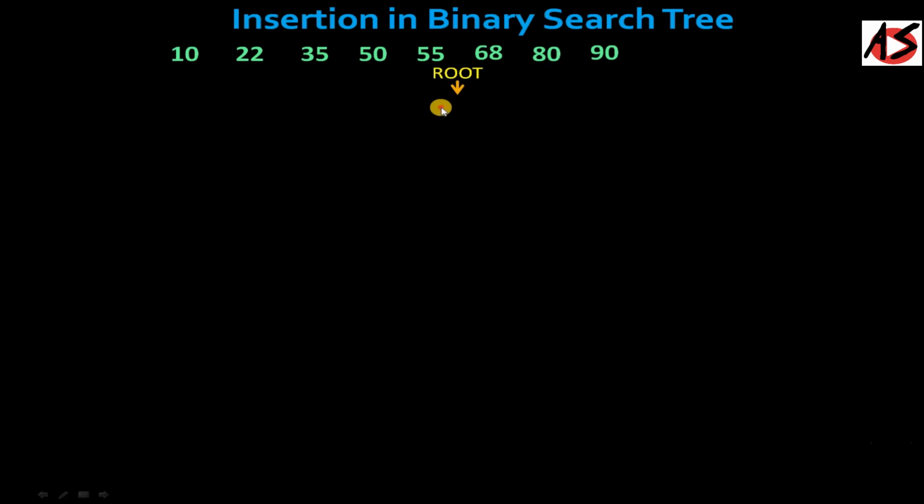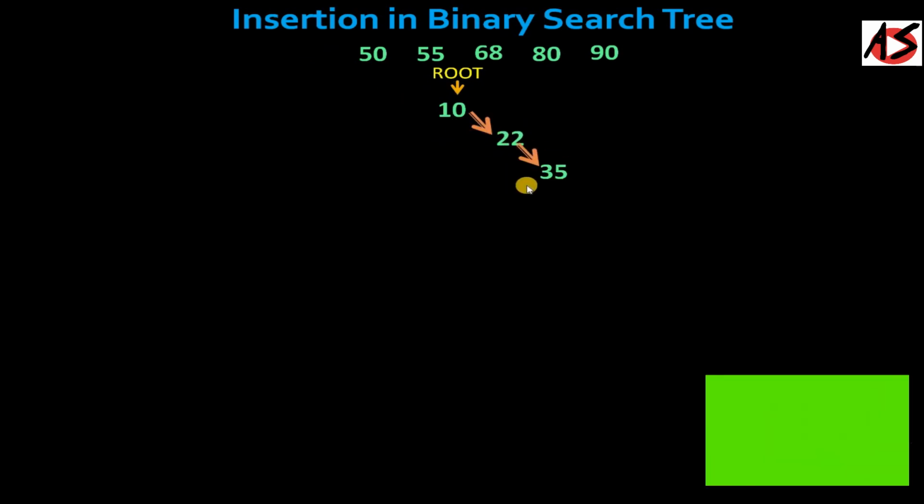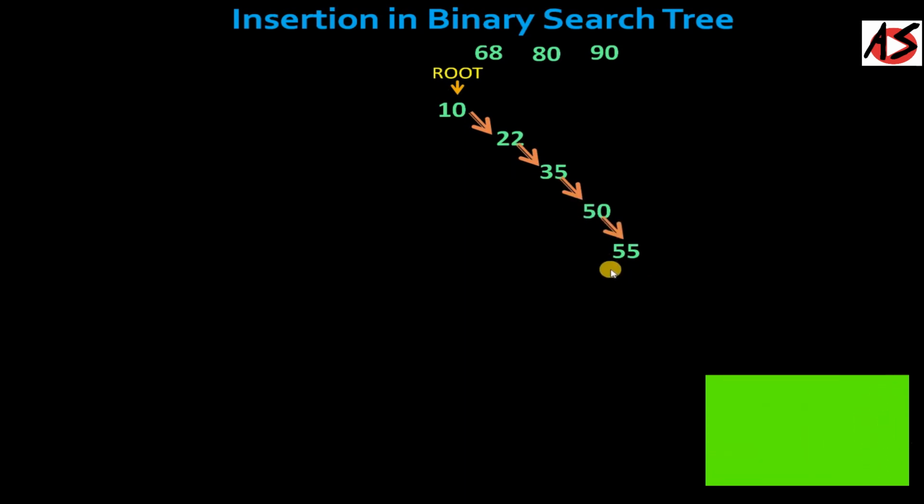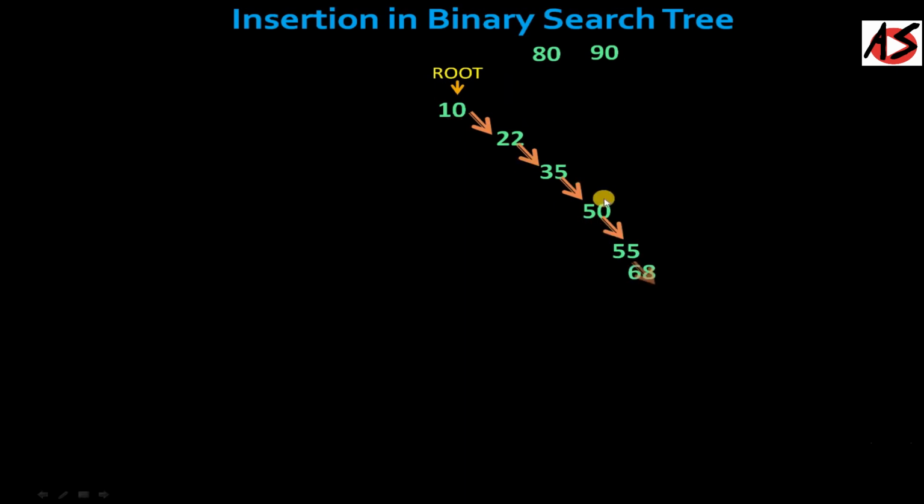You are getting 10 at the root, then you are inserting 22 at the right of 10, then you are inserting key 35 at the right of 22, and then you are inserting 50 at the right of 35, then you are inserting 55 at the right side of 50, then you are inserting 68, you have to insert it to the right of 55, then you are inserting 80, and then you are comparing with 10, 22, 35, 50, 55 and 68, and you are inserting to the right of 68, and similarly for 90 also you are comparing through all the elements, and then you are inserting at the right side.